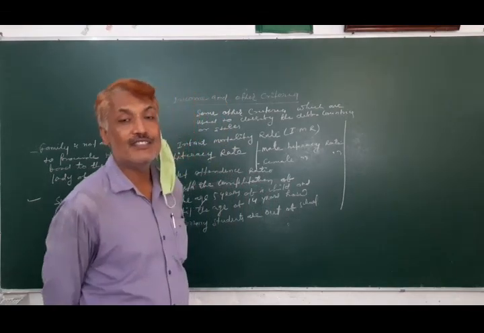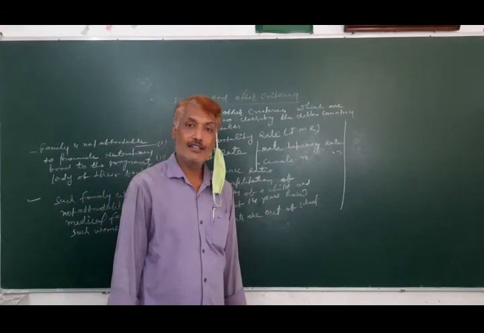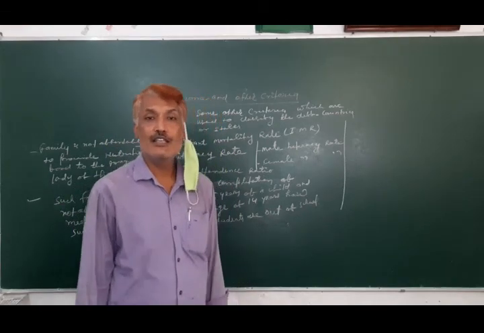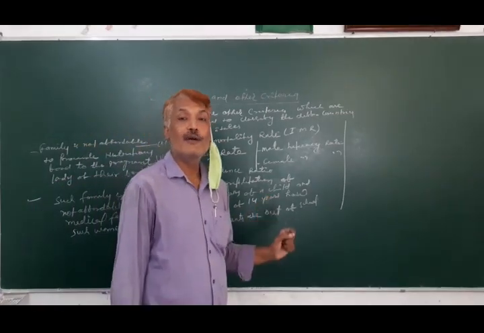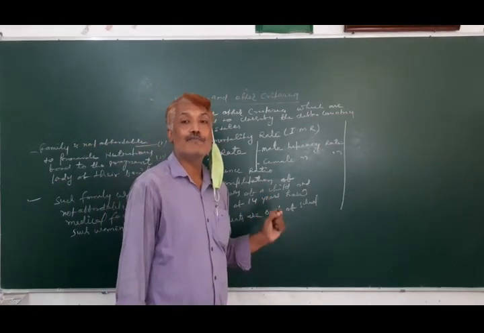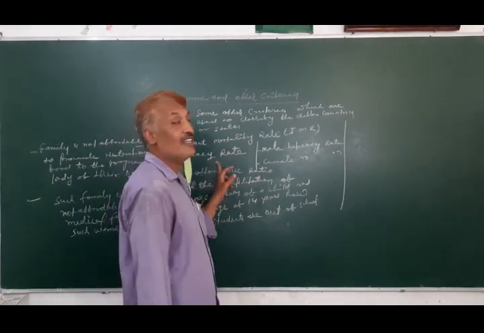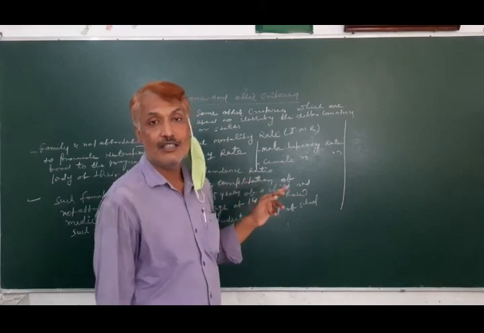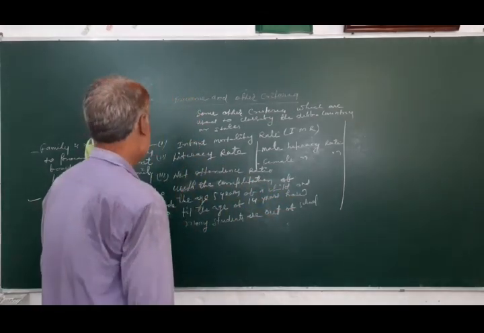The women of this country do not avail the basic facilities needed for the preservation of human rights. Okay? So literacy rate is also a criterion used to classify different countries.